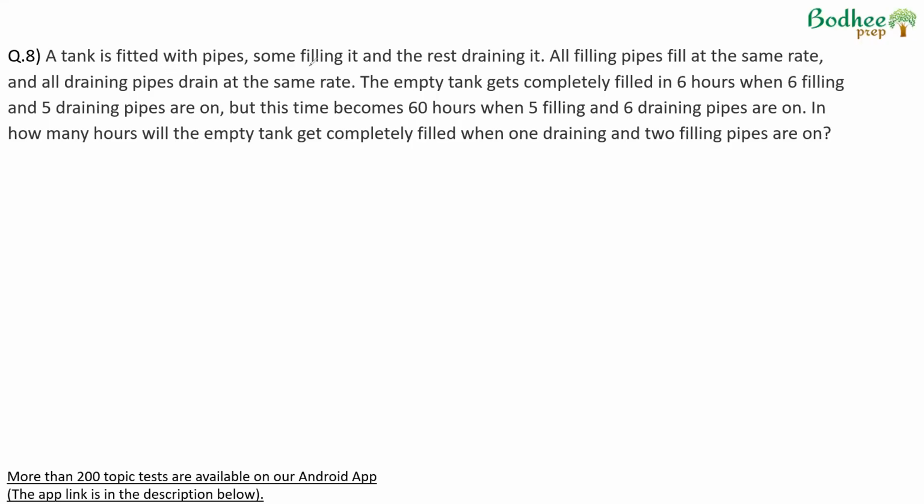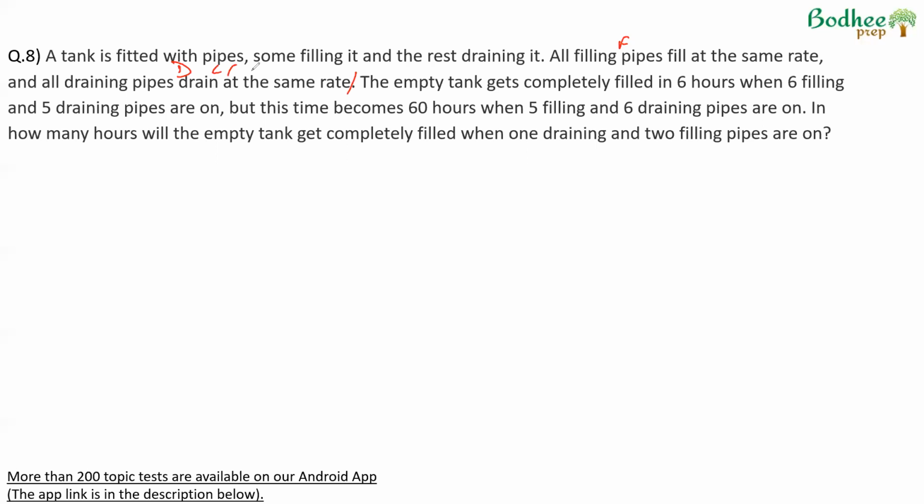A tank is fitted with pipes, some filling it and the rest draining it. All filling pipes fill at the same rate and all draining pipes drain at the same rate. Suppose the filling pipe fills F liters per hour and the draining pipe drains D liters per hour.